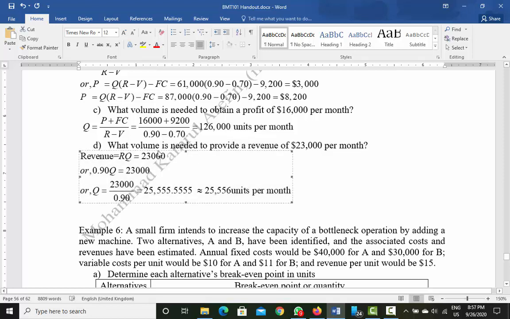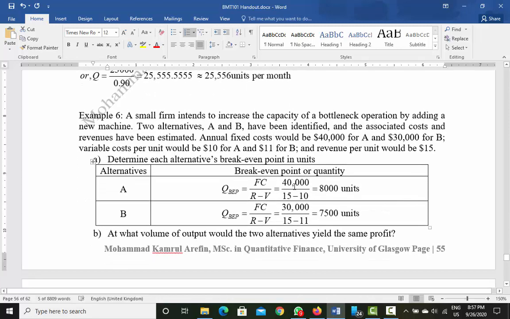Revenue per unit is 90 cents, so $0.90 multiplied by Q. We don't know the value of Q. If you do your calculation, you will see that Q is equal to 25,556 units per month. So this is the volume of output we need to produce to achieve a revenue of $23,000 per month.